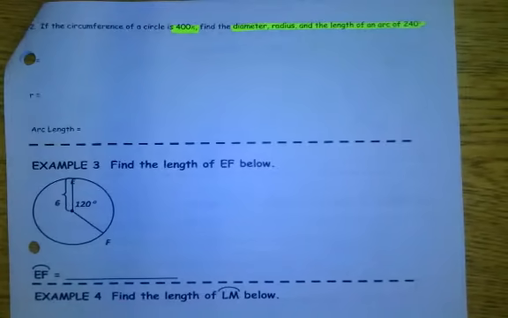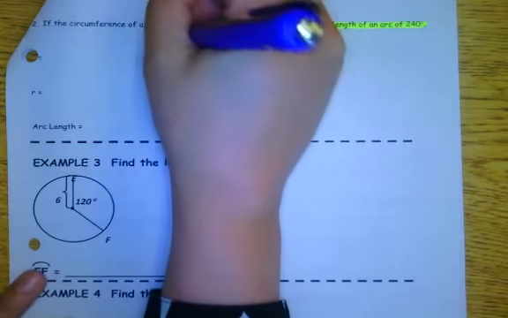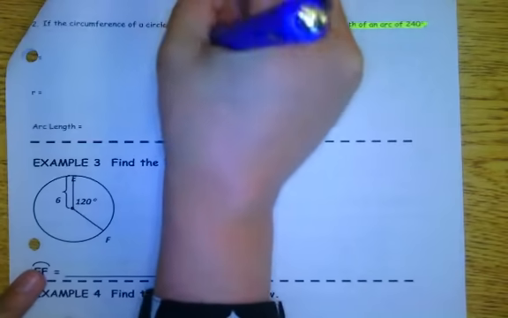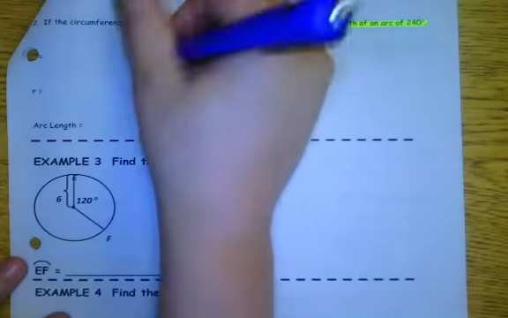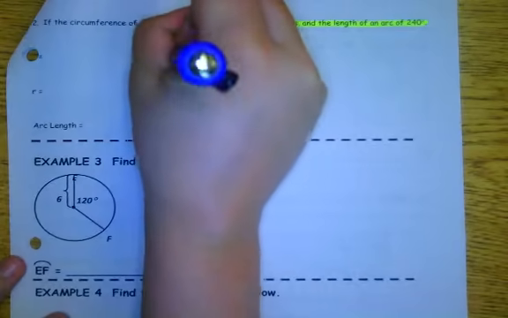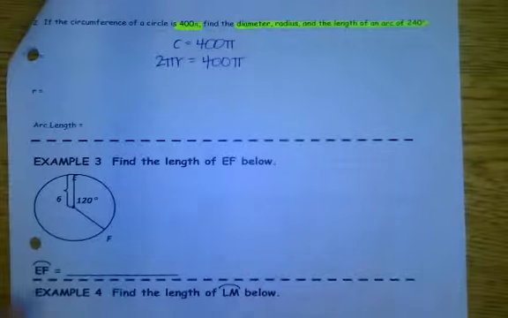If the circumference is 400 pi, how am I going to figure out the radius from that? You take 400 pi and you equal it to 2 pi r. Very good. 2 pi r equals 400 pi, because that's our formula that we use to find circumference.